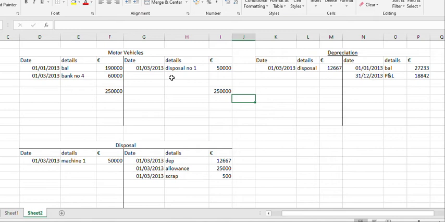So we're going to find the balance above the small side. On the 31st of the 12th 13, we would have a balance up here of the 250 minus the 50, 200,000. So this 200,000 now, okay, I'm going to move this up one.